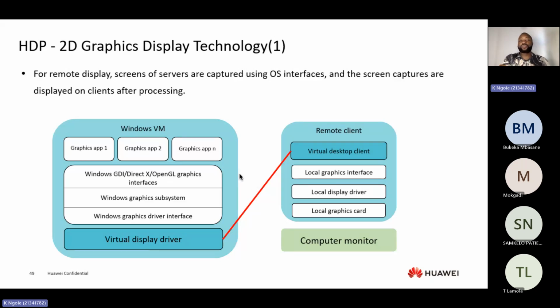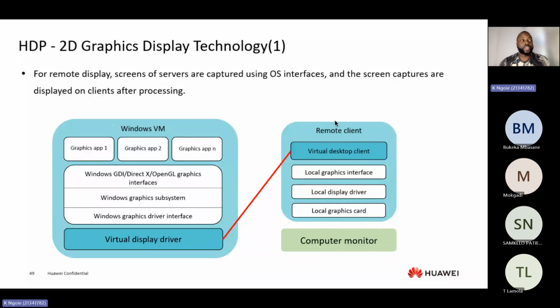Then the screen frames are captured from other local display pipelines, and then the frame is encoded, compressed, and transmitted to other devices. So that's how the remote client can work.